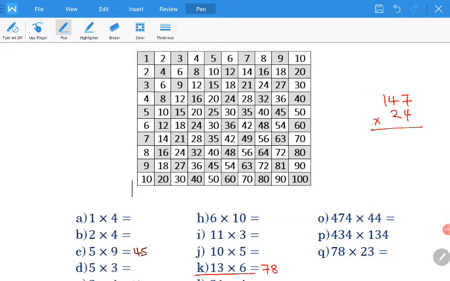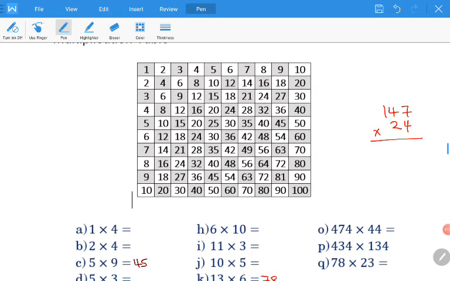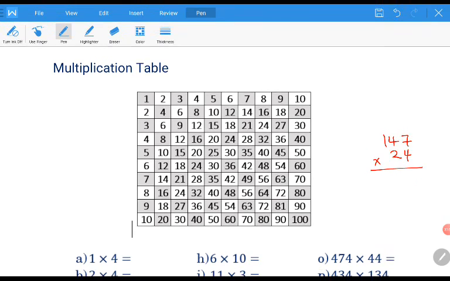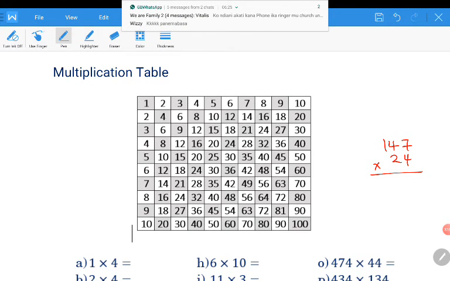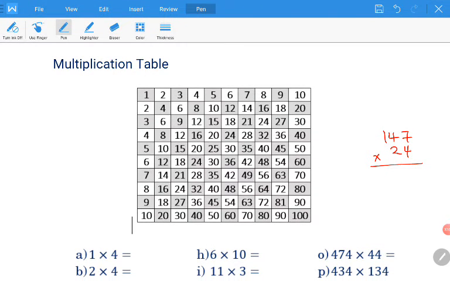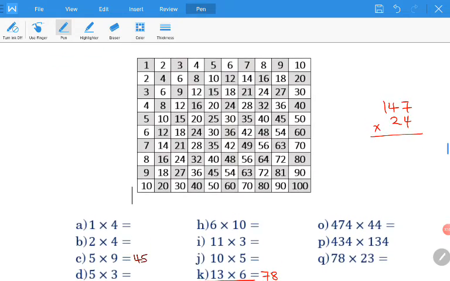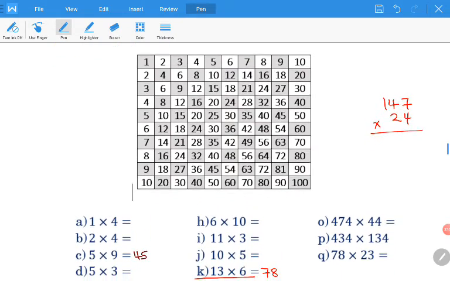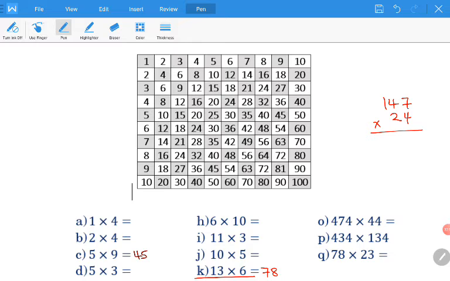So here, the number that you are multiplying with is in tens. So we are going to first multiply the tens. So we put a 0 here.